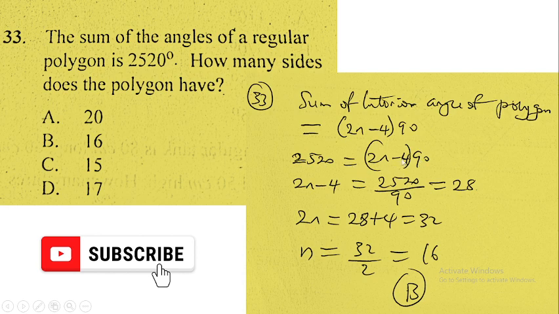We can divide both sides by 90 here. If I divide this one by 90, I have 2n minus 4. Divide this one by 90, I have 28. From there now I can collect like terms: the 4 goes to the other side. That means I have 2n equals 28 plus 4, and that will give us 32. Then divide both sides by 2. That will give us 16. So the polygon has 16 sides, and option B is the correct option.